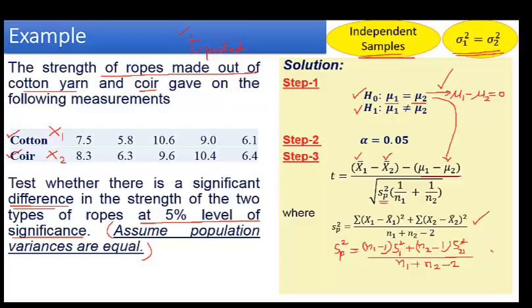Both these formulas will produce the same result for pooled variance, as this number right here is the sum of squared deviations from the first sample, and this sum of squared deviations is equal to n minus 1 into s1 square. So let us see the calculations involved in this question.